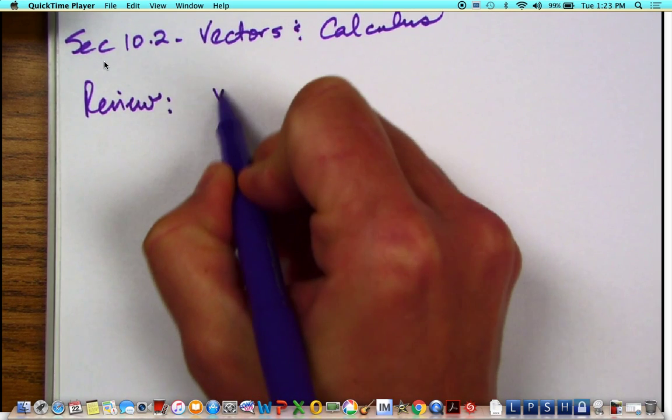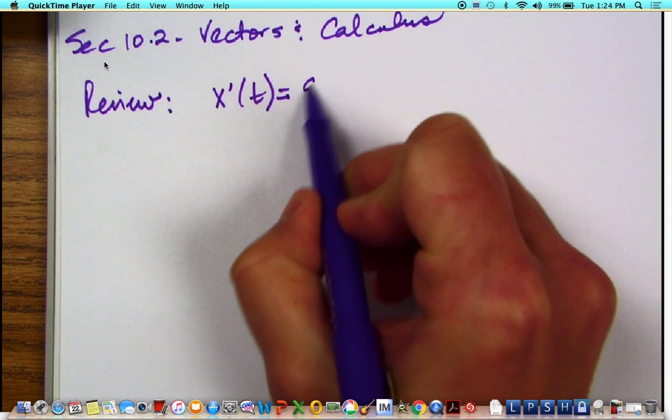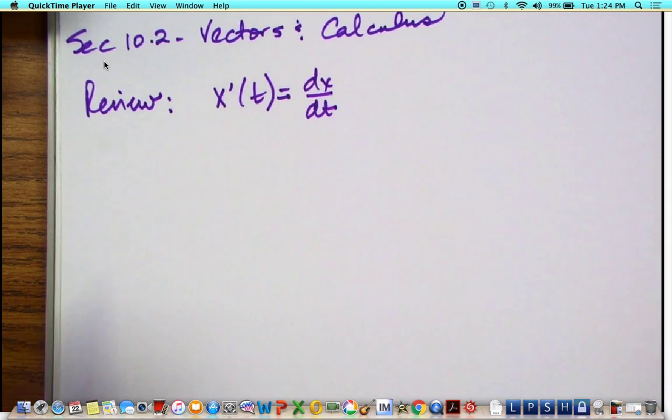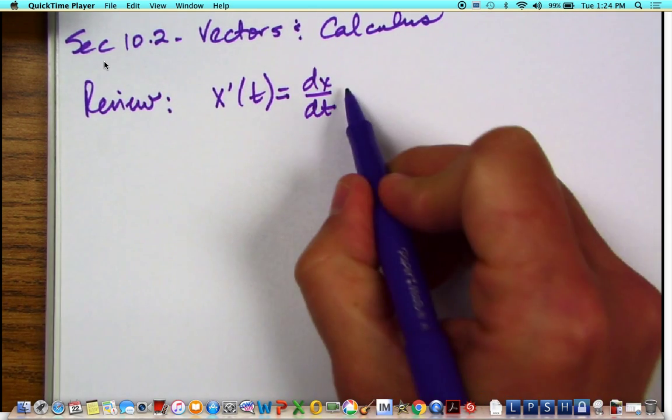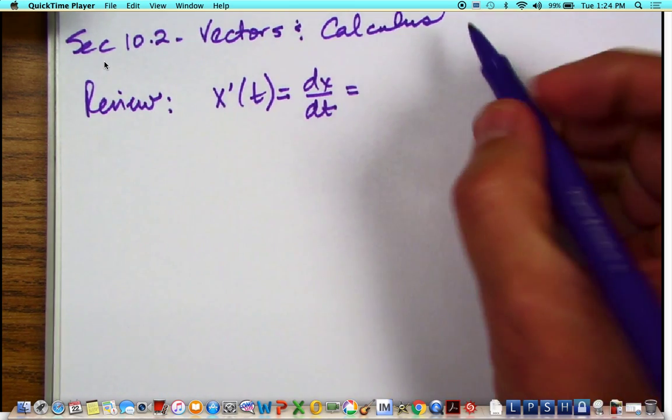Just review. x prime of t is the same as dx/dt, right? And what does that represent? The rate of change in the x direction with respect to t, right?